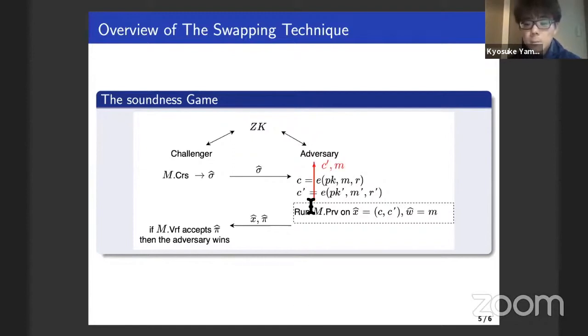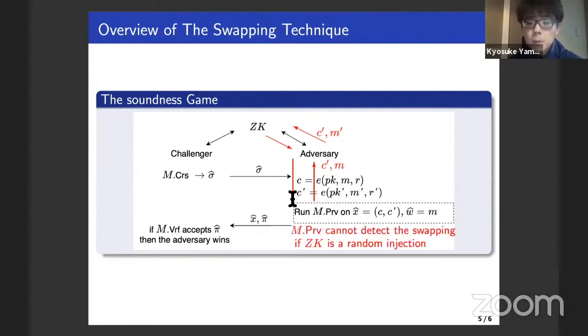First, suppose the prover algorithm makes a query which includes C prime and m. This is an invalid pair. An important observation is that this query is actually made by the algorithm run by the adversary, so the adversary can control the query. Then the adversary swaps the query so that it contains m prime and returns the answer to the algorithm.